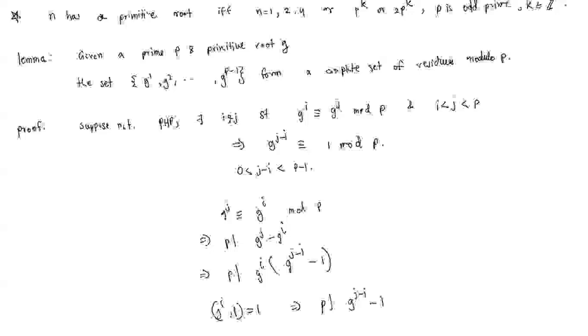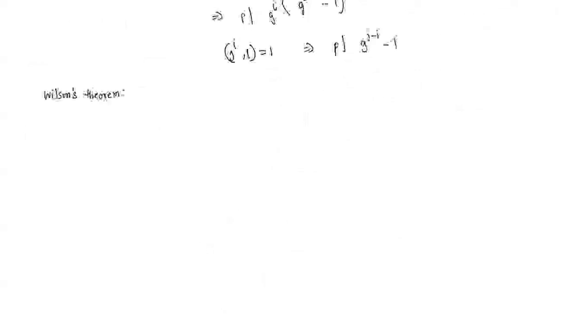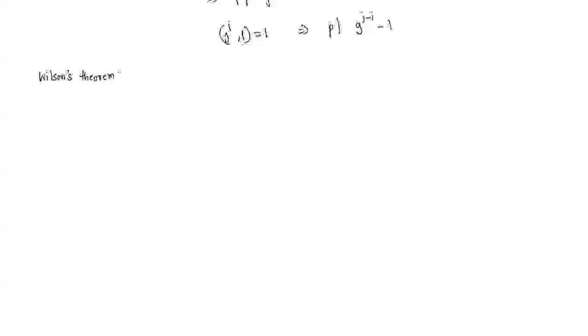Okay, so let us just prove Wilson's theorem and I'll end the class with that. One direction of Wilson's theorem says: if P is a prime, then (P minus 1) factorial plus 1 is 0 mod P. Another direction, if that happens, then P is a prime.